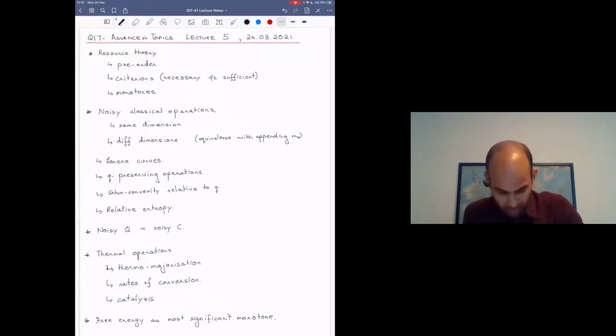After dealing with this, we will go to thermal operations, which really bring us back into thermodynamics with Hamiltonians and temperatures.